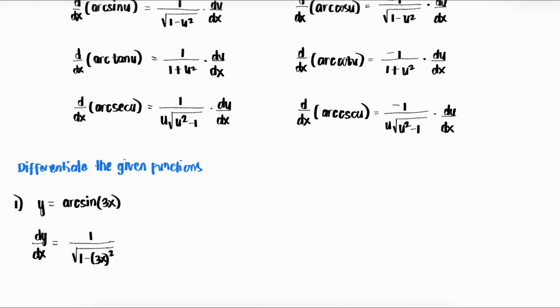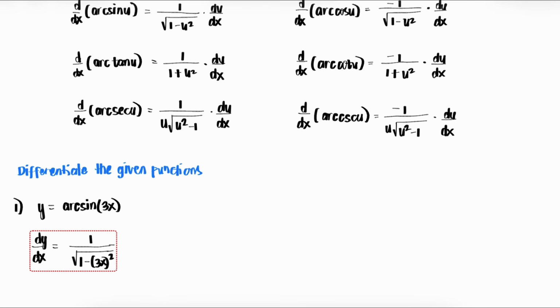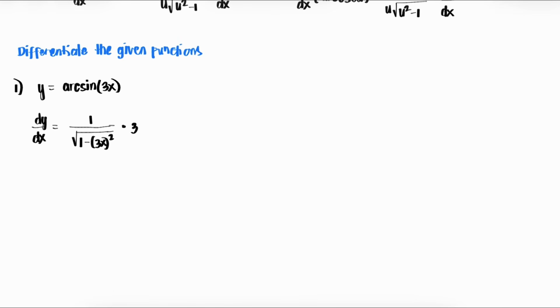According to the formula, you just need to raise u to the power of 2, and then multiply it to the derivative of u, which is 3. So the answer, the derivative of arc sine 3x, is equal to 3 divided by the square root of 1 minus 9x squared.